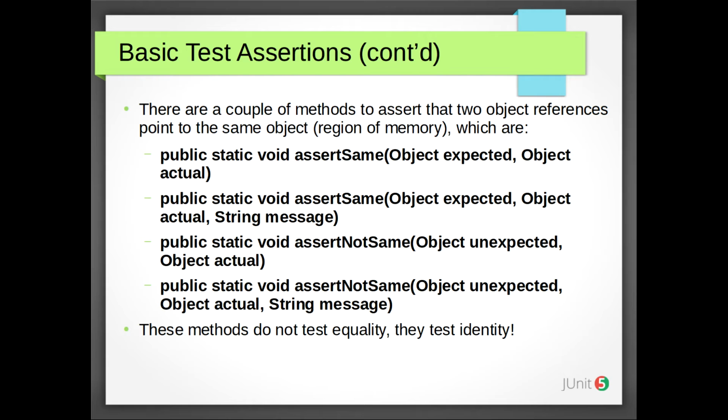Public static void assertNotSame(Object unexpected, Object actual). Public static void assertNotSame(Object unexpected, Object actual, String message).